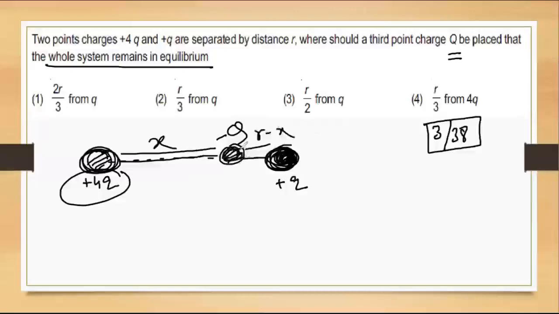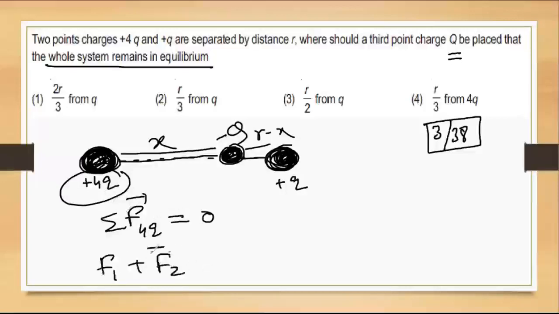So on this, actually, net force is zero. Even that way, you can take here also net force is zero. Say I am taking net force on 4Q is zero. Sum of all the forces on 4Q is zero, so it is nothing but F1 plus F2.